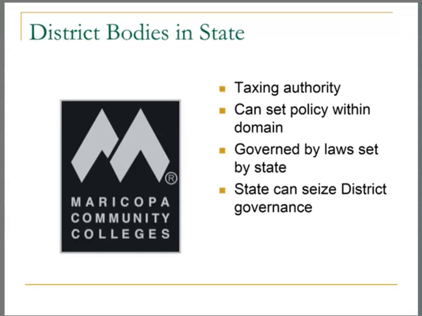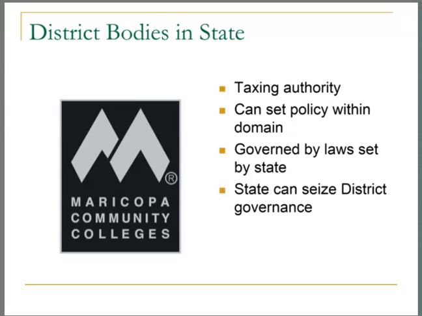The next form of governing body within the state are districts. Now, districts have the power to set taxes and policies specific to the domain for which they were created. Some examples would be the community college districts that operate in most of the counties in the state.